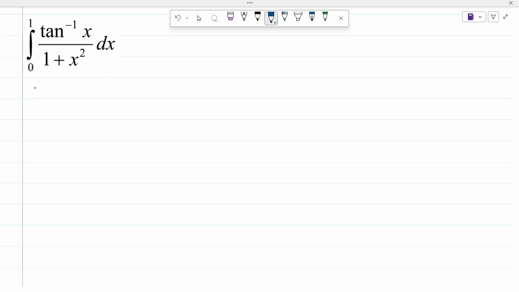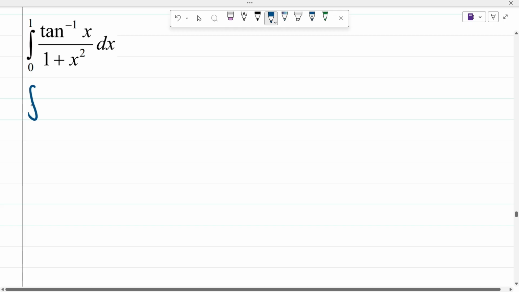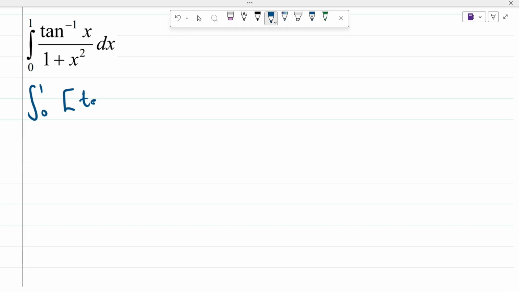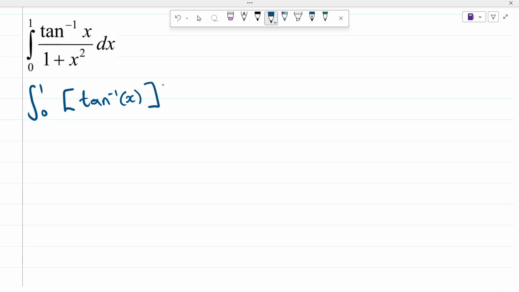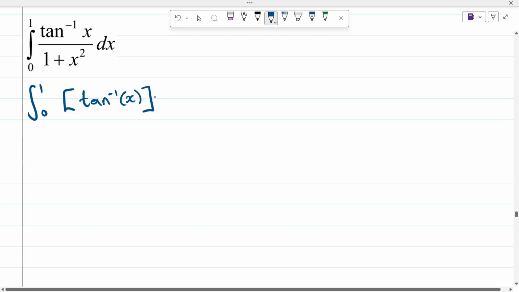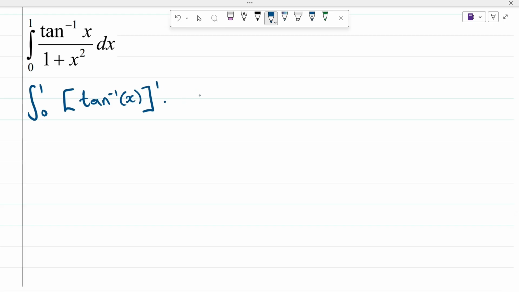So meaning that I can just rewrite this nicely so that you don't get confused. So this is tan inverse of x all to the power of 1, multiplied by 1 divided by 1 plus x squared dx.